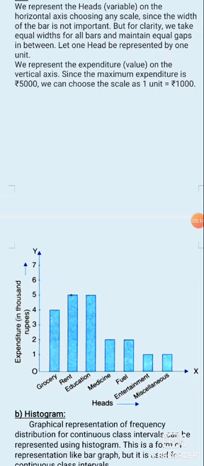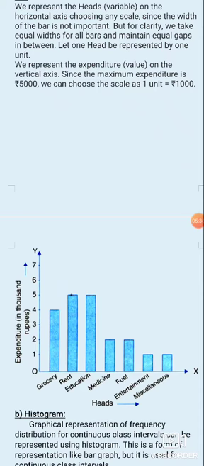Expenditure in thousands is given, so 1 to 7 is marked here. The maximum is 5,000. Now we need to represent the bar graph in this model. Equal width is not strictly needed, but for clarity we can take it that way.